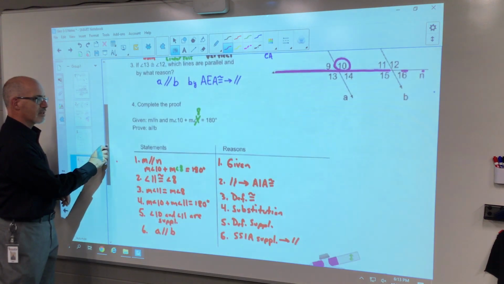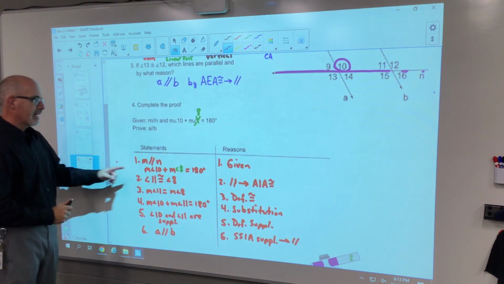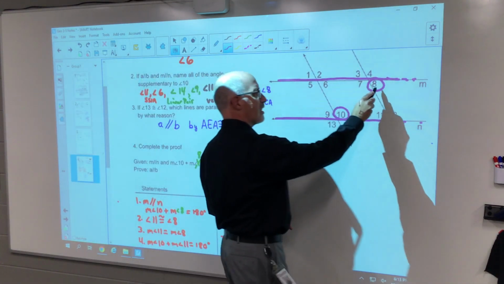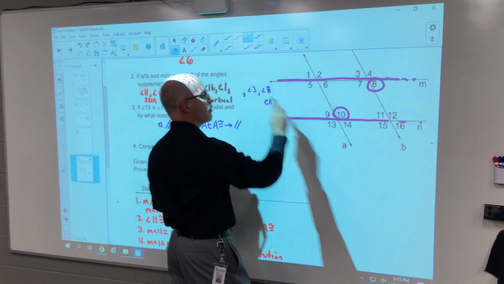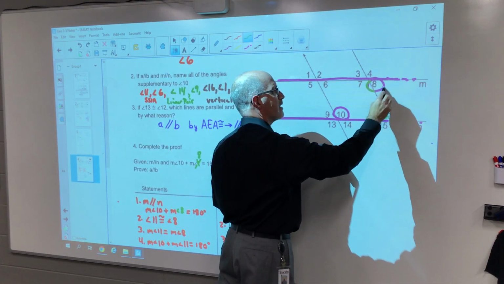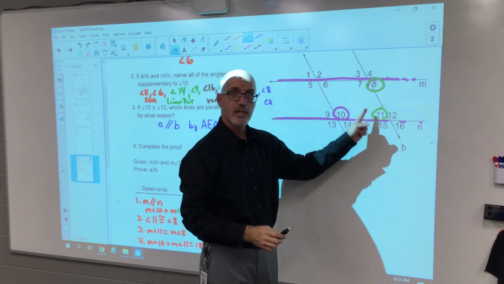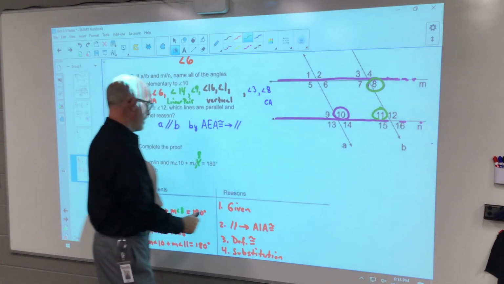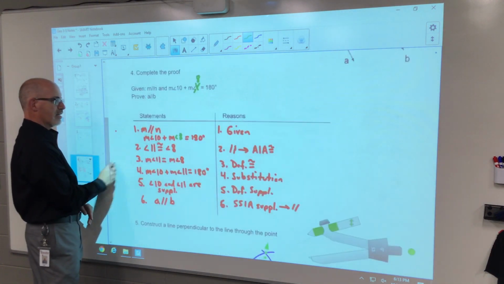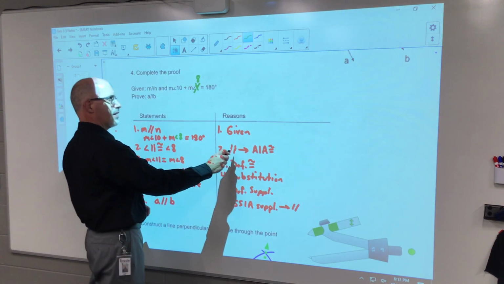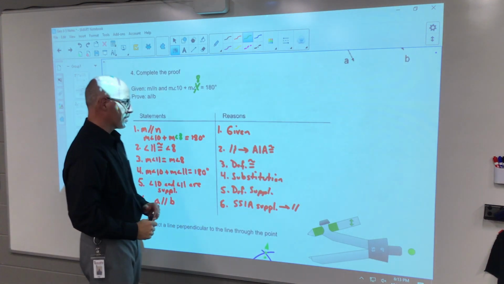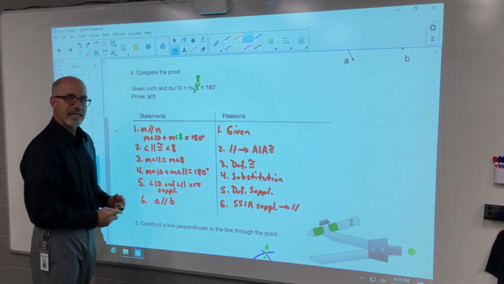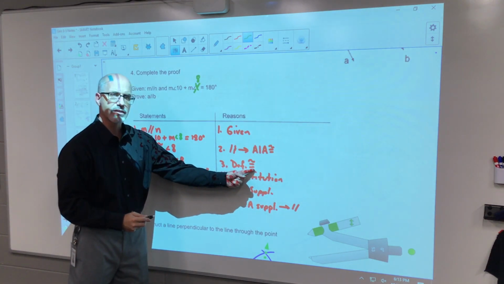Now we start off by stating the given. Next, because these two lines are parallel, we know that 11 and 8 are congruent. I'll circle that in green here. These are congruent because they're alternate interior angles with these two parallel lines following this transversal down. So angle 11 is congruent to angle 8 by parallel leads to alternate interior angles congruence. Now, if they're congruent, then the angles are equal by definition of congruence.